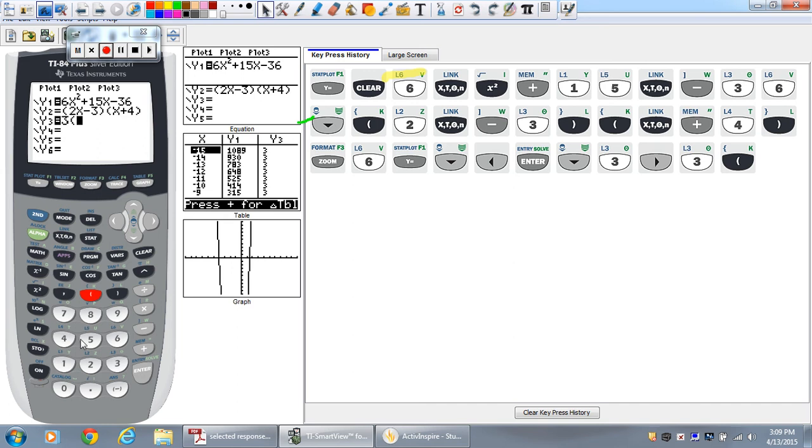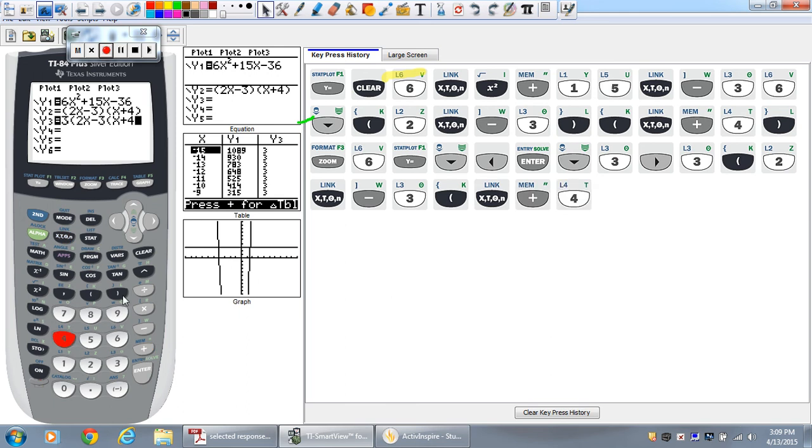I will type that in exactly as it is. And I usually have to check my screen to make sure I'm okay. I missed my right parenthesis here, so that'll change things.